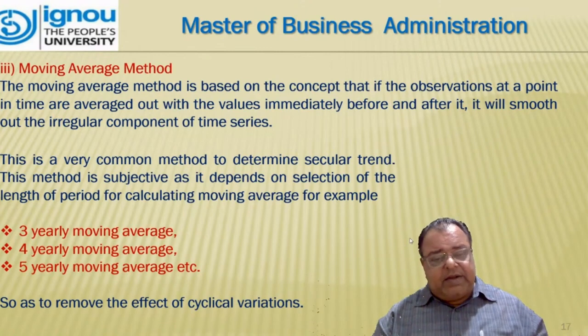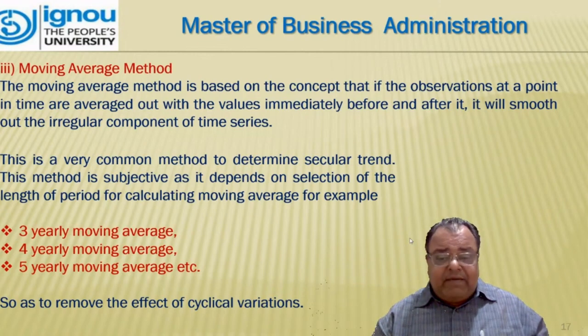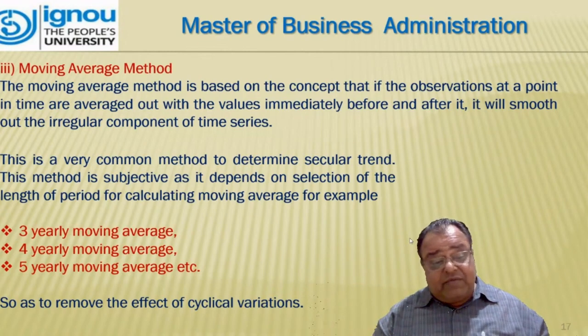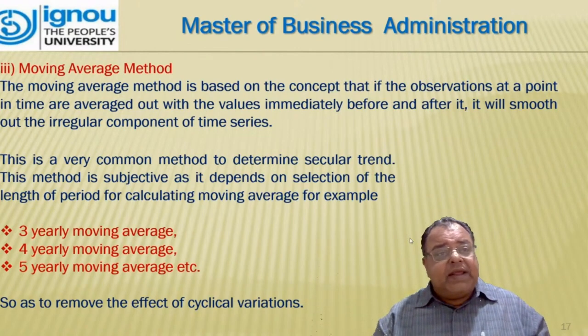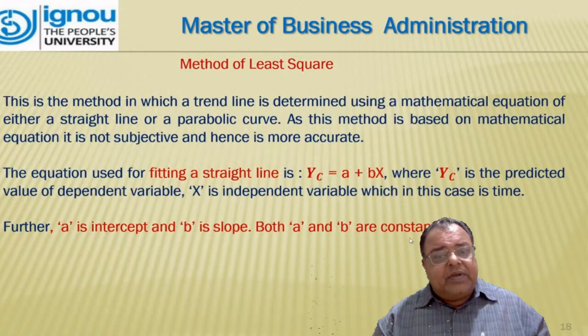This method is subjective and it depends on the selection of the length of the period for calculating moving averages. For example, we have 3-year moving average, 4-year moving average, 5-year moving average. This is to remove the effect of cyclic variations.